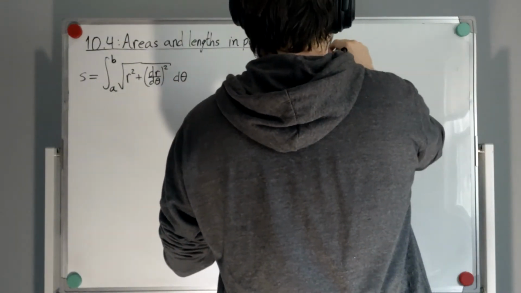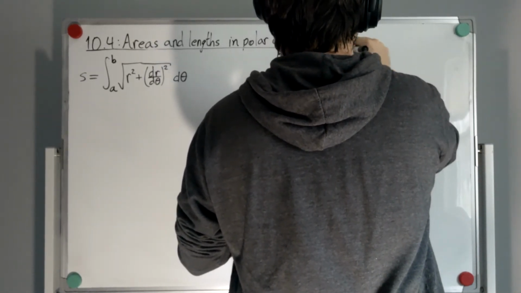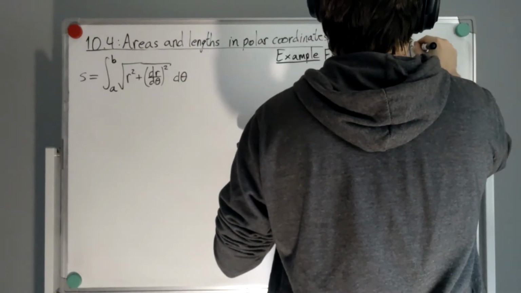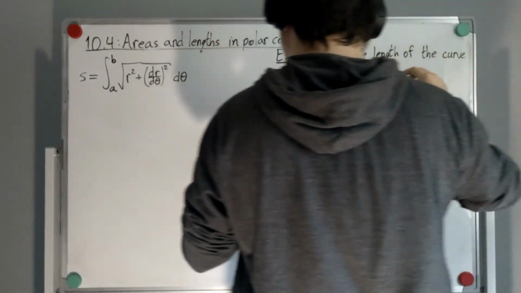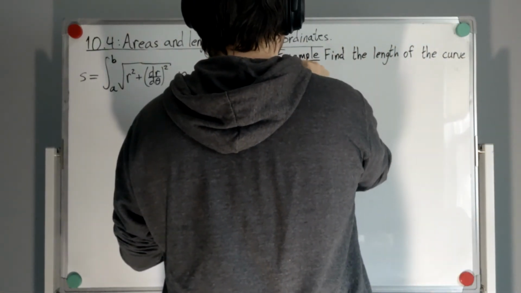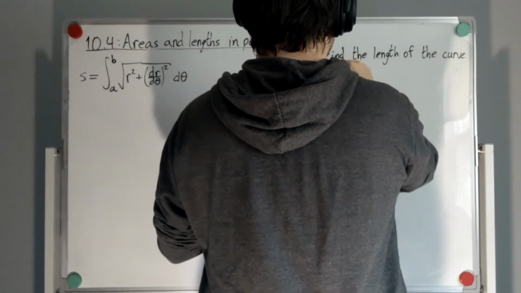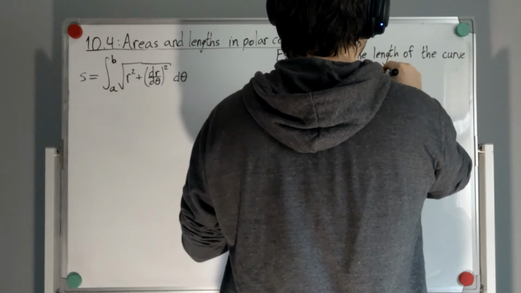Okay. So let's say find the length of the curve. This curve is r equals 5 to the theta for theta being between 0 and 2 pi.